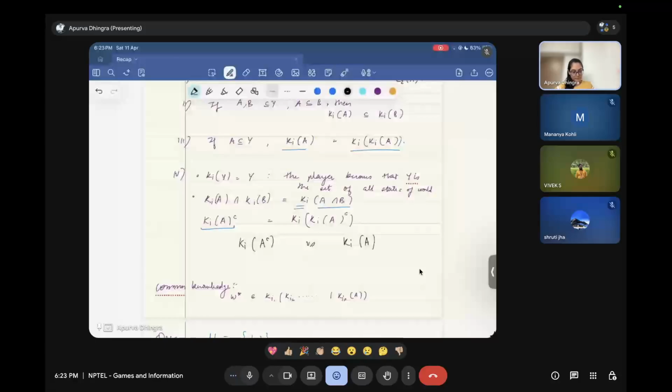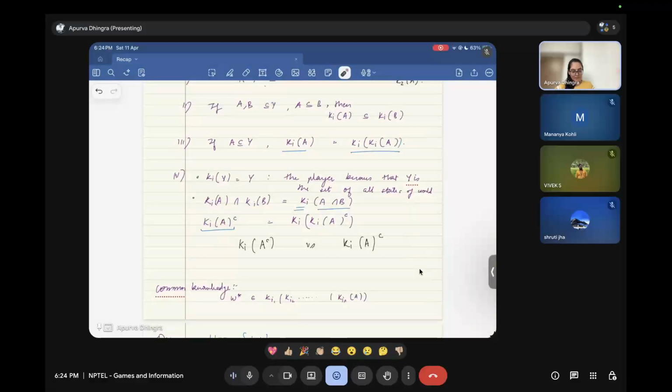Here the player knows the complement of A. Here the player does not know A. That doesn't necessarily mean that they have a relation between them. The only simple relationship that we can have when we're talking about the complements is using any of the previous properties, for example 3.